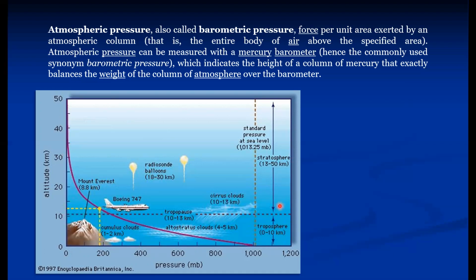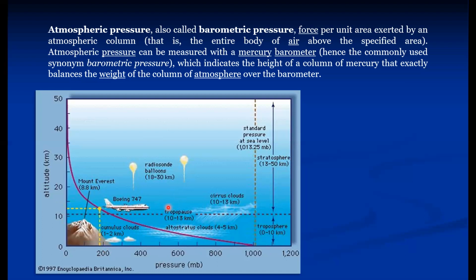Like that, in the troposphere, the area is 0 to 10 kilometers, where the atmospheric pressure reduces up to 250 millibar. This is a Boeing airplane traveling at an altitude of just about 10 kilometers, where the atmospheric pressure is 200 millibar.